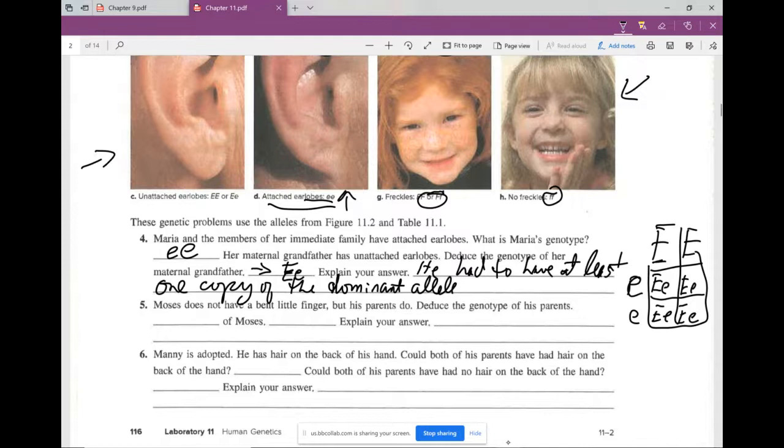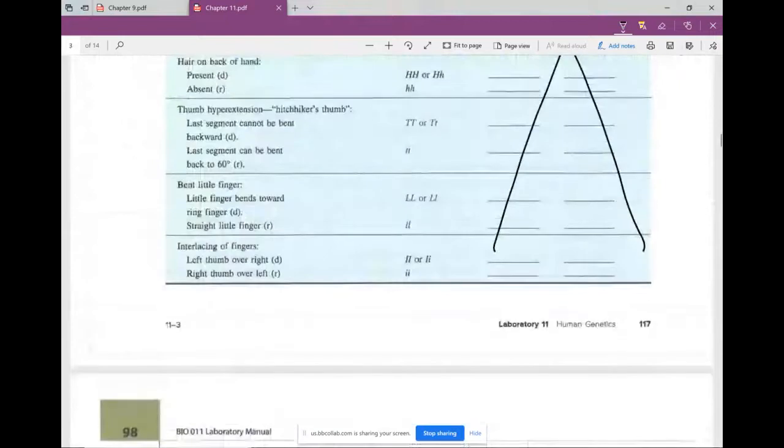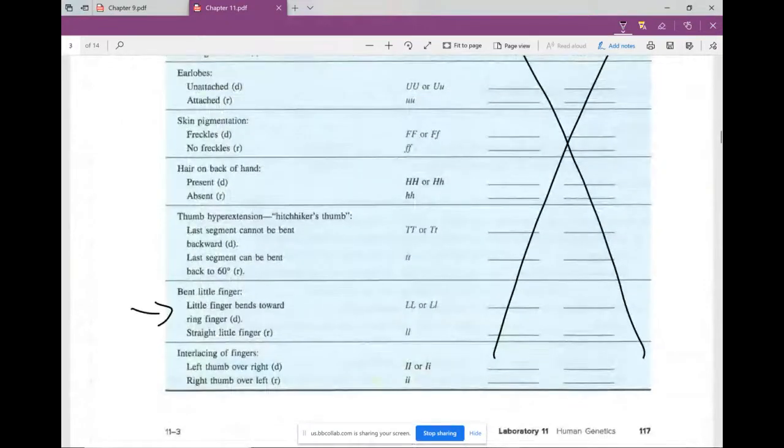All right. Okay. So number 5, Moses does not have a bent little finger, but his parents do. Deduce the genotype of his parents. Bent little finger. All right. So the bent little finger is this thing here. If the little finger bends and it has a bent little finger, it's dominant, and if it's straight, it's recessive.